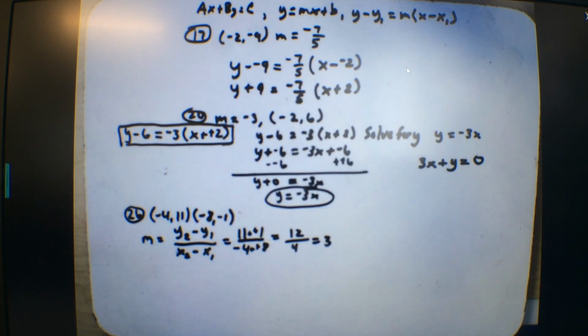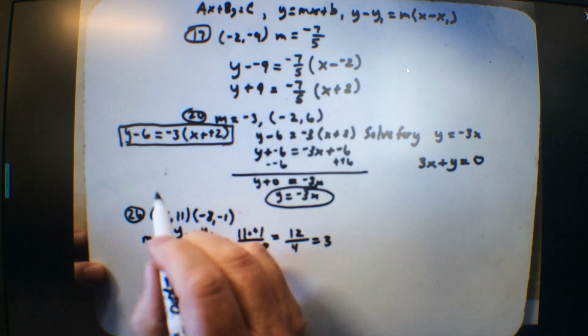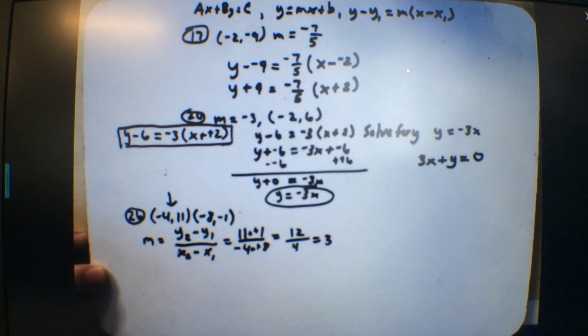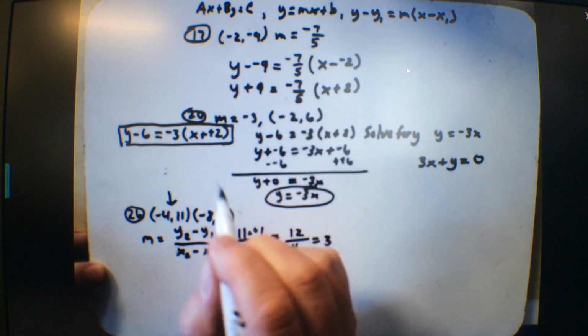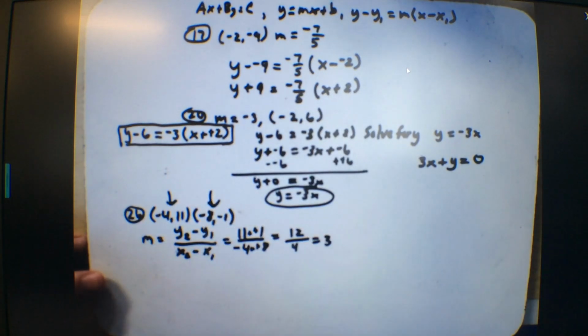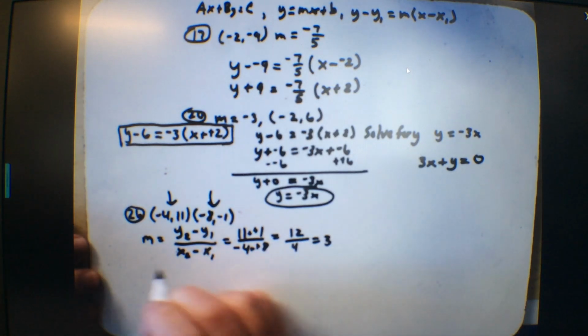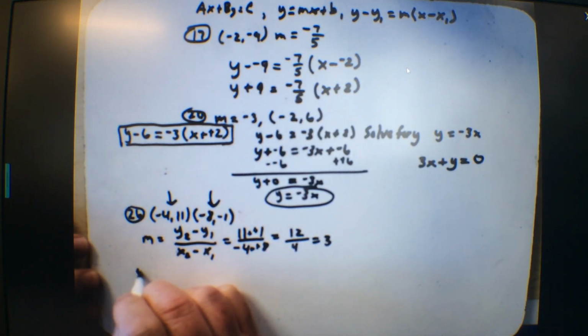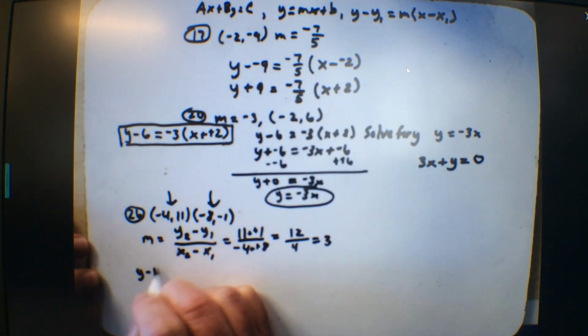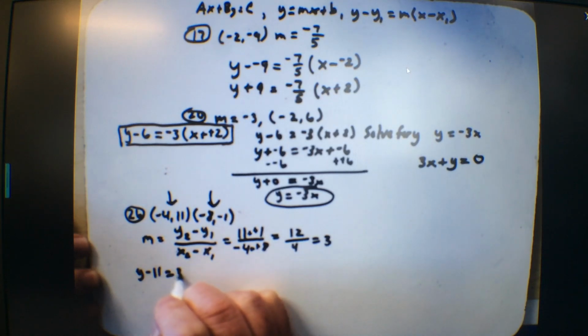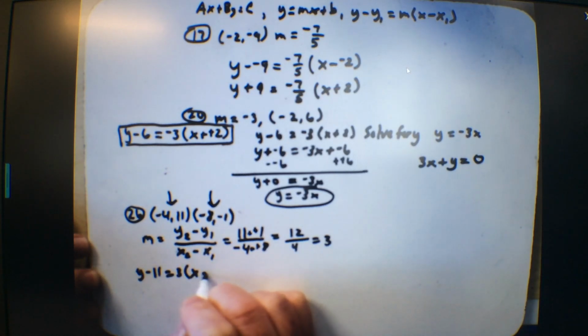So I want Allie and Tirsa and Caden and Braxton to use this point. I want Tater, your group, and Ashley, your group, to use this point. And I'm going to do both, and I'm going to show you. It's going to look like 2 different answers in the beginning. Okay? So I'm going to do it here. So you go ahead. So you got y minus, do it real quick. I got to shut up.